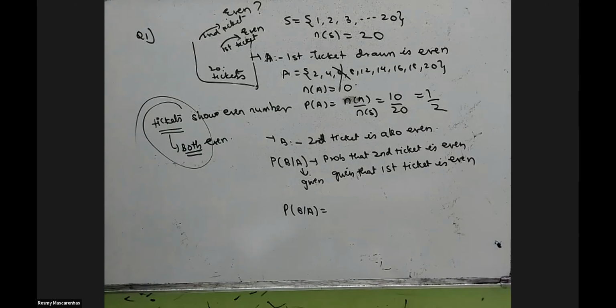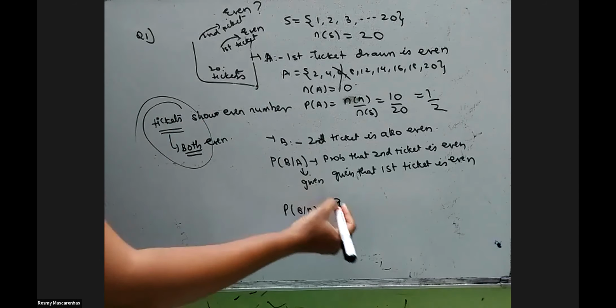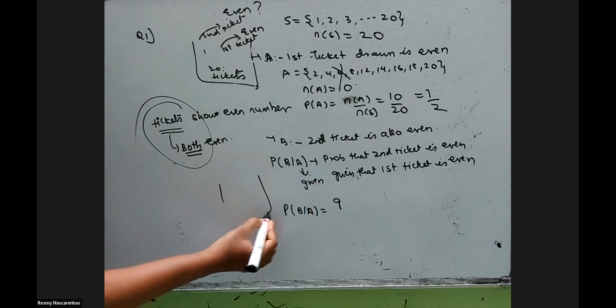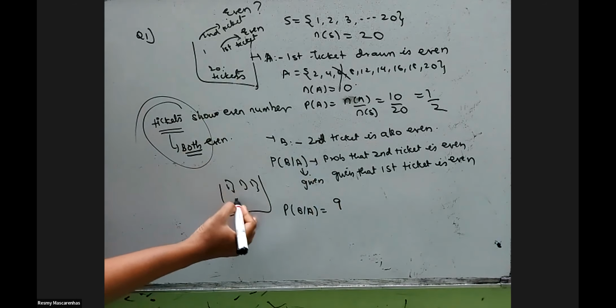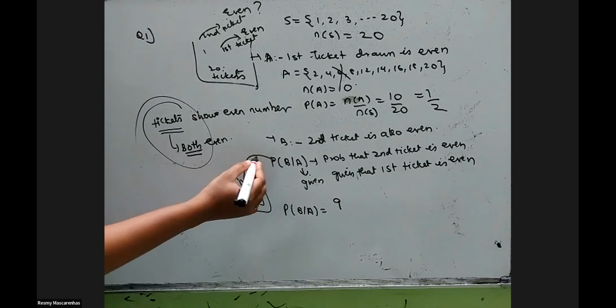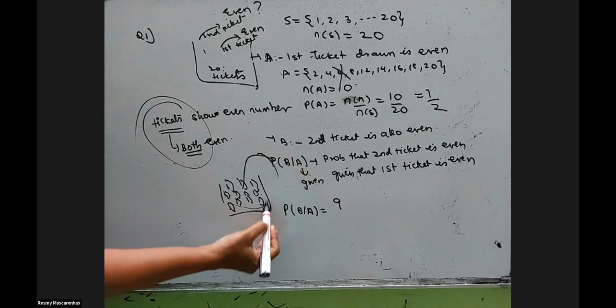So simple things, if you are not able to understand, you know what to be done. Draw and see, 10 tickets, all of them. Then one is gone. So 9 will remain.